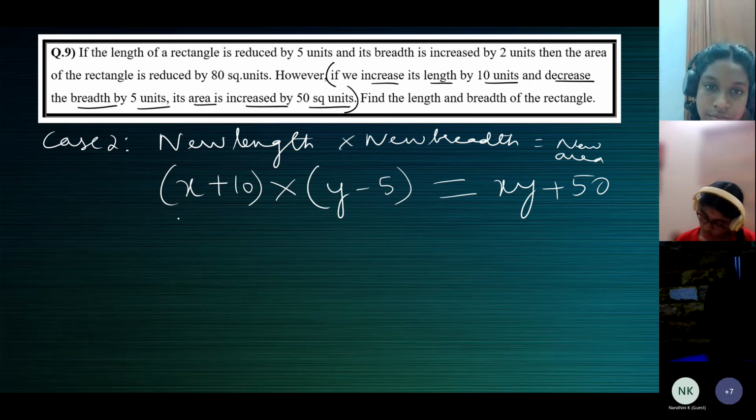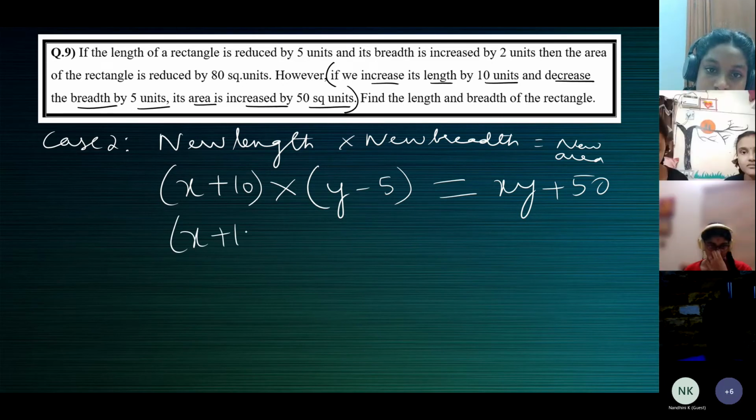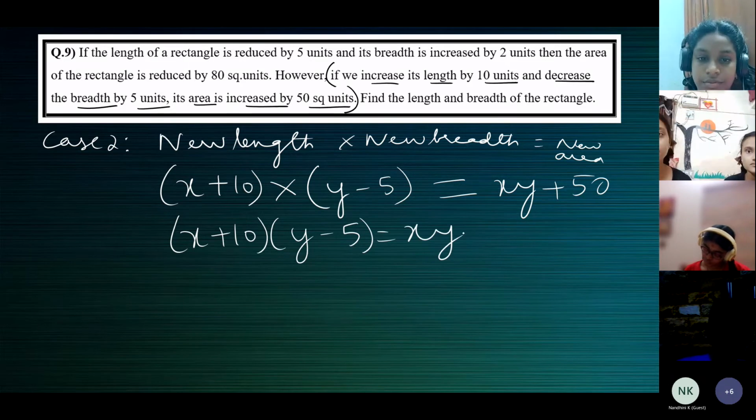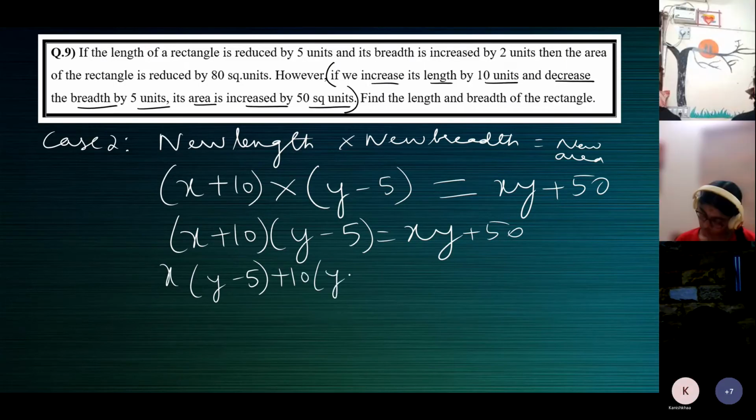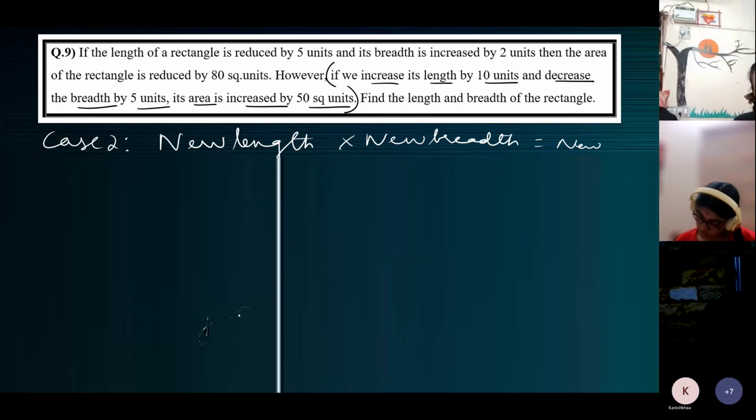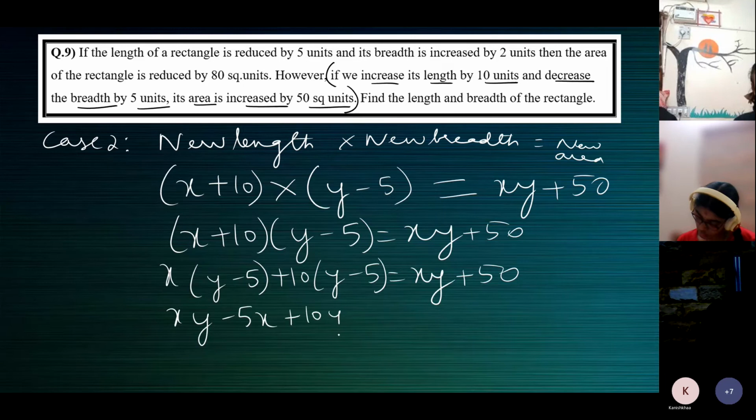The equation is x plus 10 into y minus 5 is equal to xy plus 50. So first term into second bracket plus second term, second bracket: xy minus 5x plus 10y minus 50 is equal to xy plus 50.